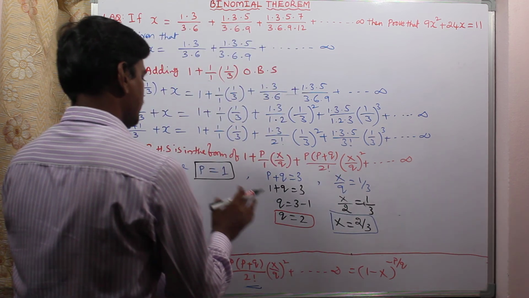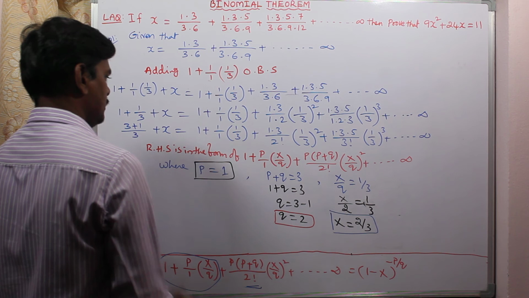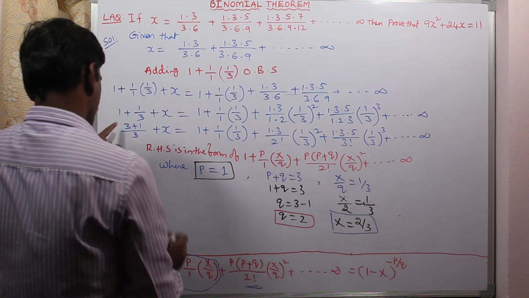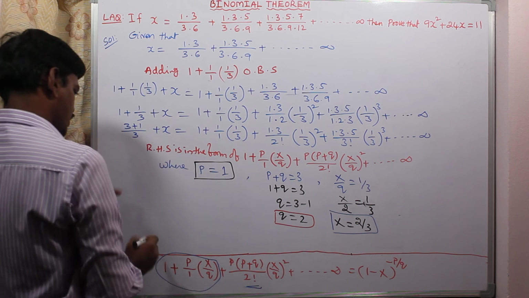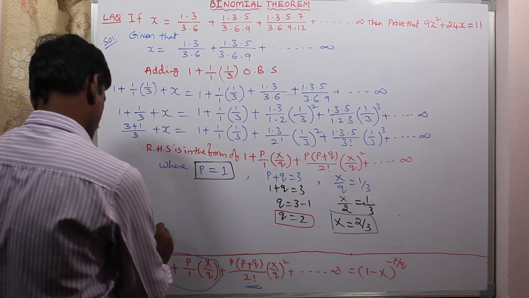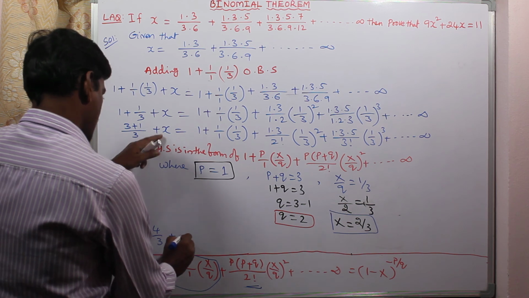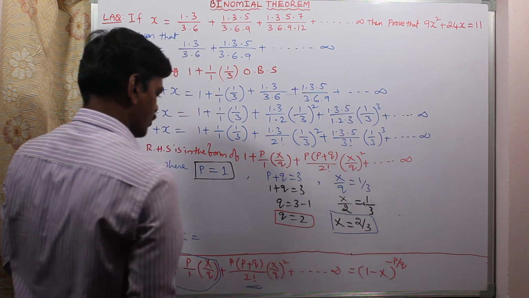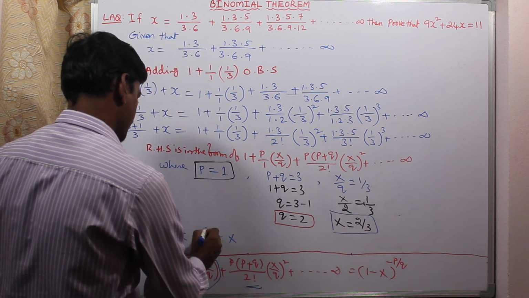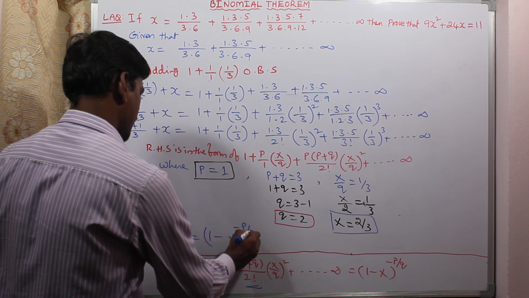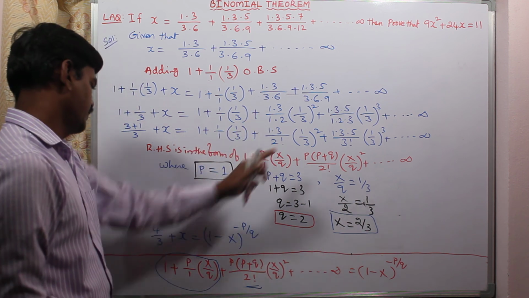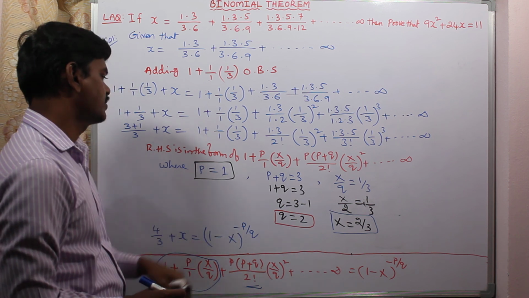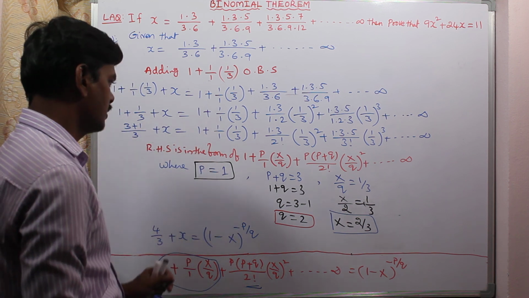Now by having p, q, X, I can write this infinite series in the form of binomial. So 3 plus 1 is 4, 4 by 3 plus x equals nothing but (1 minus capital X) whole power minus p by q. Now by substituting p, q and capital X values, we can proceed with the further simplification.